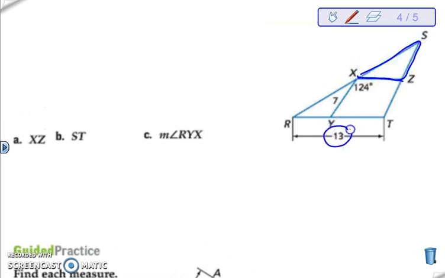So if I've got 13 here, I'll divide that in half. You get 6.5.